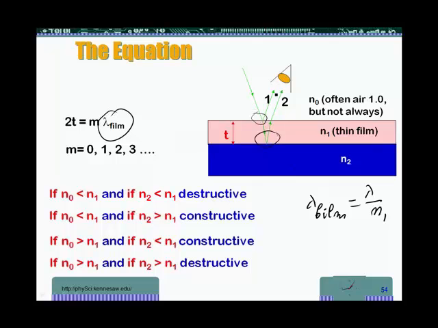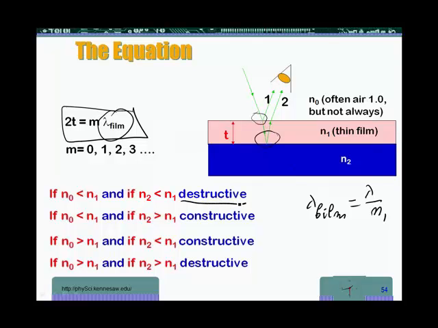So it means that beam 1 had undergone a phase change and beam 2 didn't undergo a phase change. So this equation then, instead of giving us constructive interference, is going to give us destructive interference.